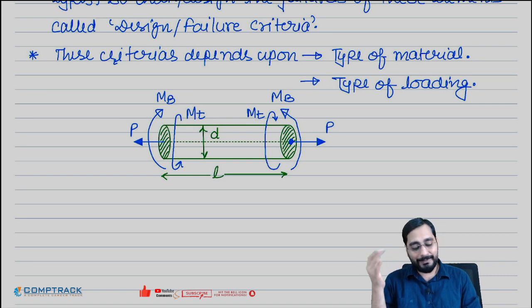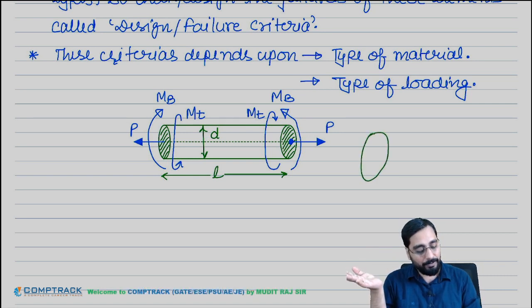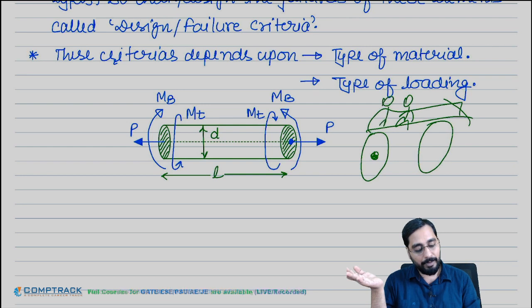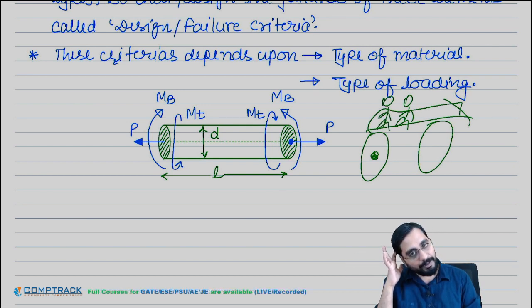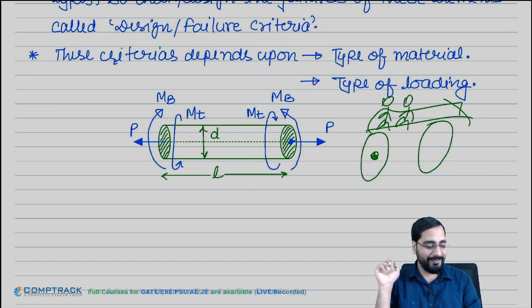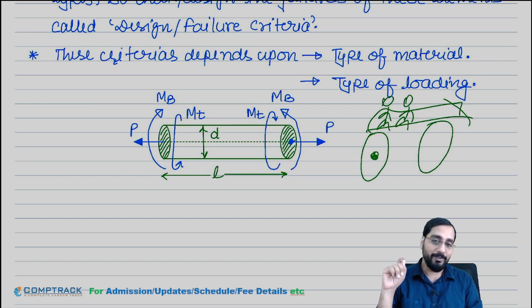Let's say you are designing an axle for a bike. For this bike, maximum 3 people are able to go, but in India, sometimes 5, 6, 7, 8 people can ride on the same bike.